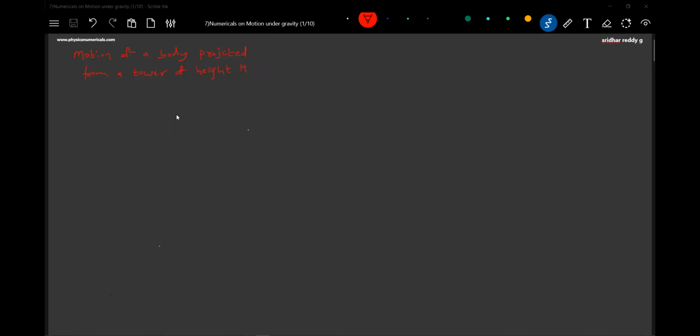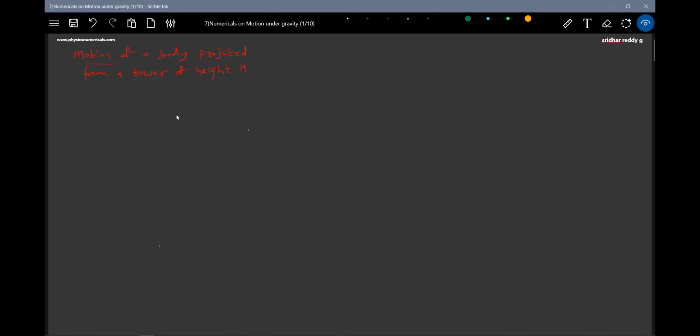So the topic is motion of a body projected from a tower of height h. In the previous problem, if you can recollect, we projected a body from the ground. Now here, I'll take this one.